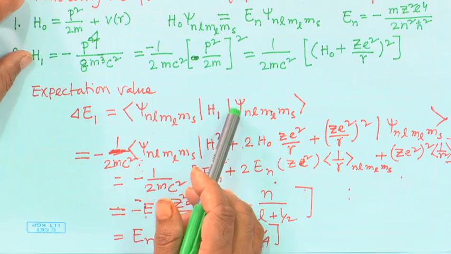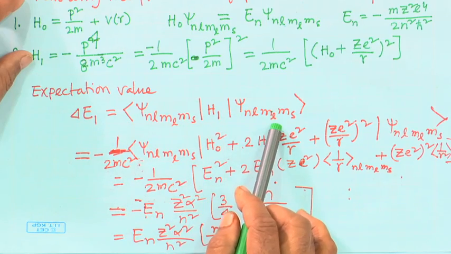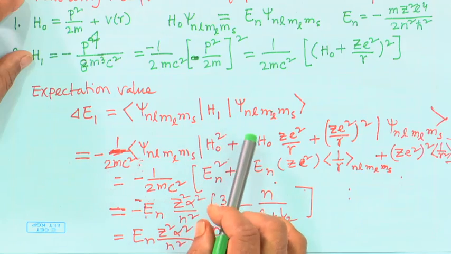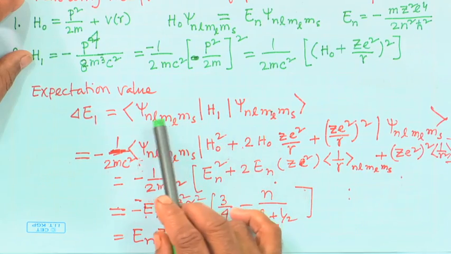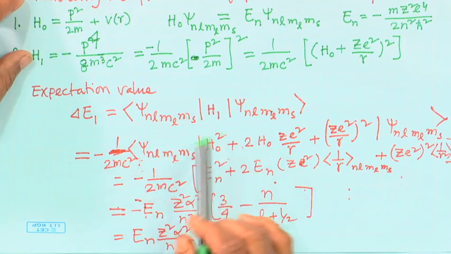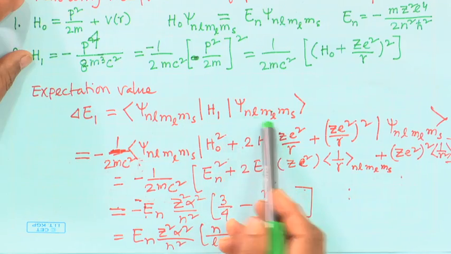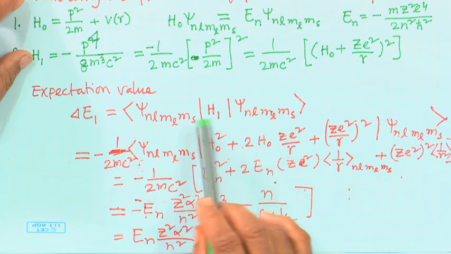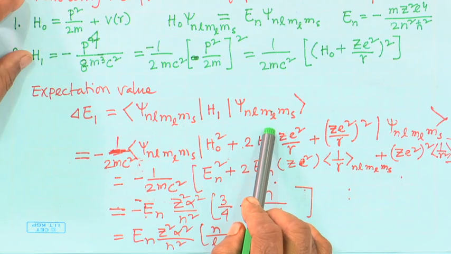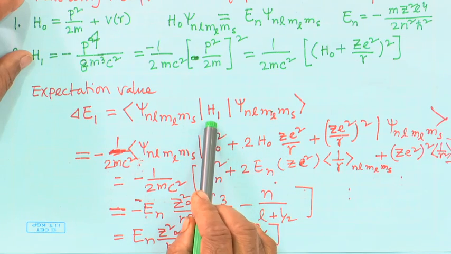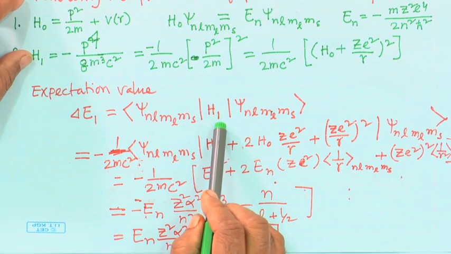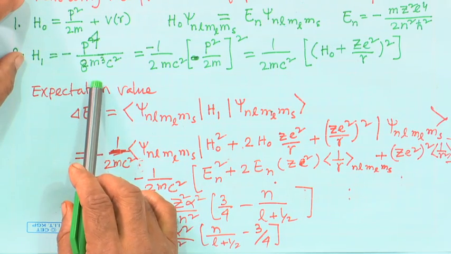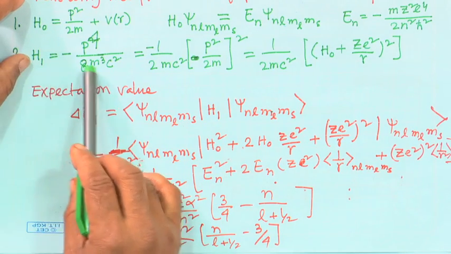I have written this in Dirac notation, bracket notation, which I told you earlier. In bracket notation, this is nothing but psi star H1 psi. Now put in H1.